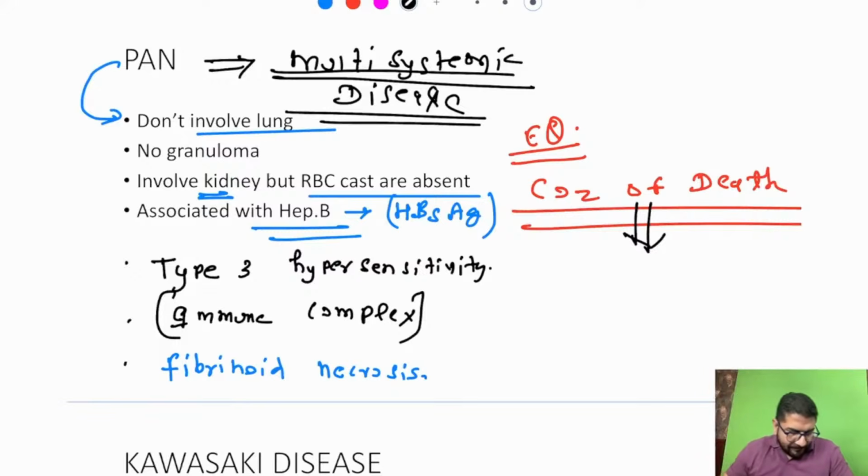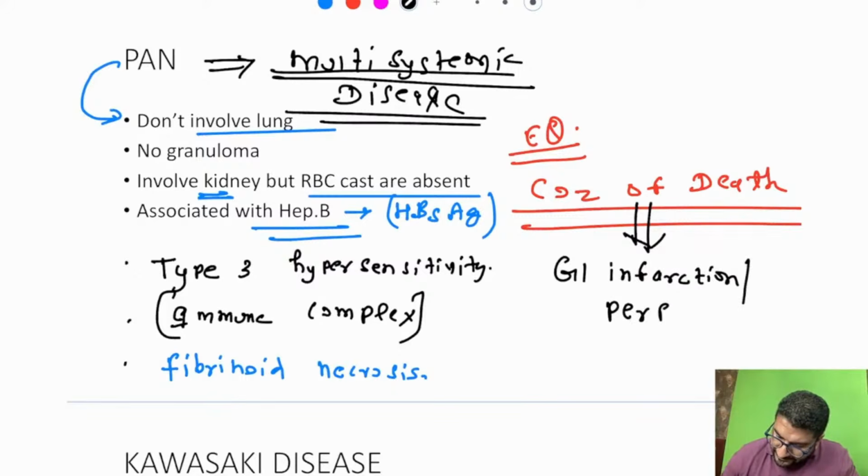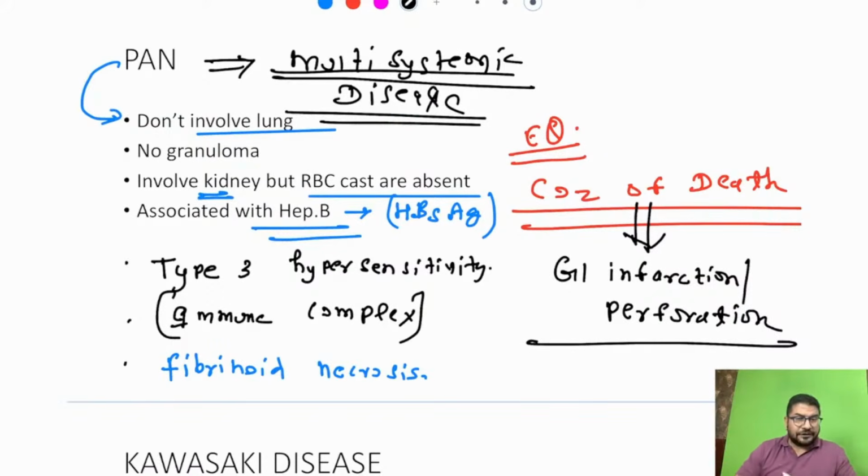Anyone? Understand this thing? It is GI infarction. So this is unique. GI infarction or GI perforation. The patient will die because of this. So here the cause of death is GIT involvement.